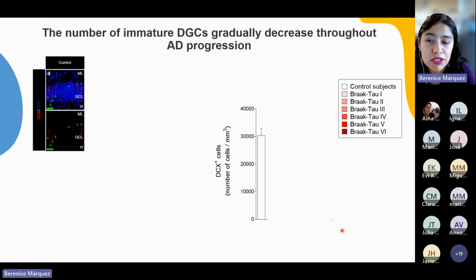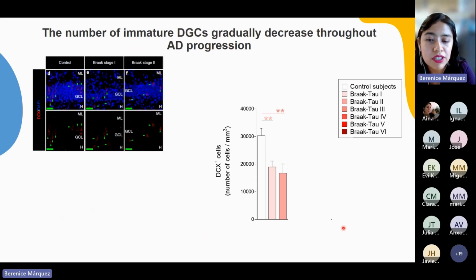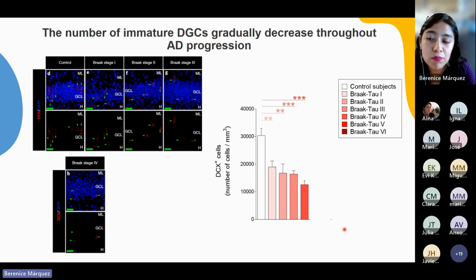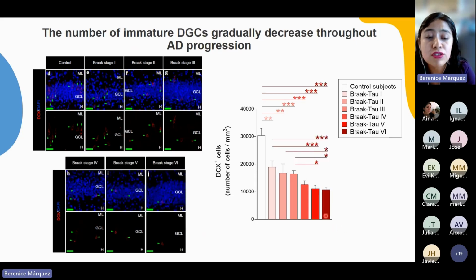Interestingly, previous reports from our group demonstrate a progressive decrease of immature dentate granule cells in Alzheimer's disease patients at Braak stage 1 and onwards, suggesting that the maturation process of the new dentate granule cells is affected.